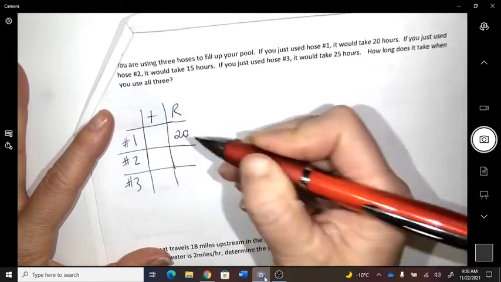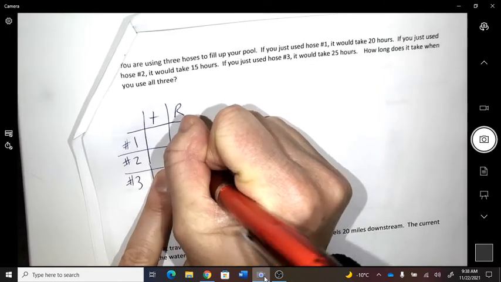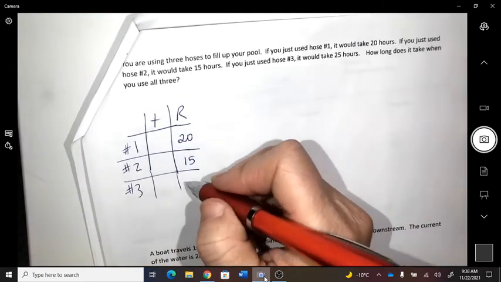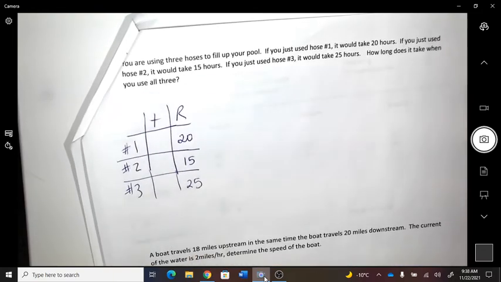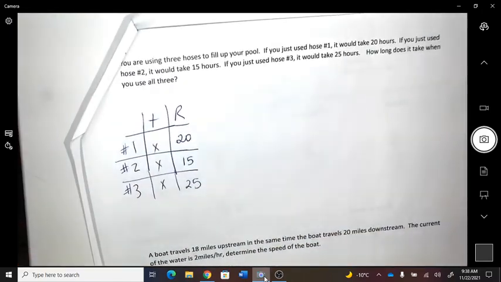So that's the rate. If you just use hose 2, that's 15 hours. That's its rate. If you just use hose 3, it's 25 hours. That's our rate. So how long would it take if they're all working together? That's the time. And it's going to be the same time because it's the time of them working together, which is once they're done, the time is up, so it's the same.